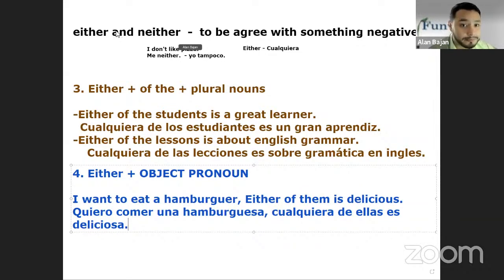What is the object pronoun? Hamburger. No, them.